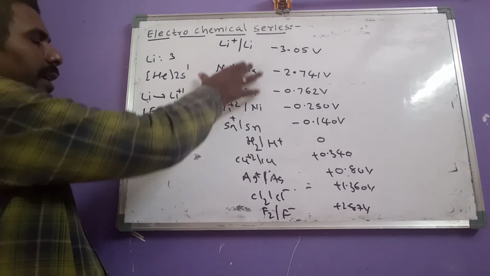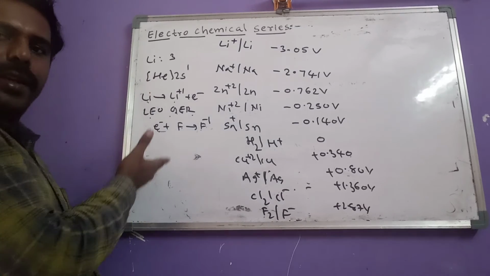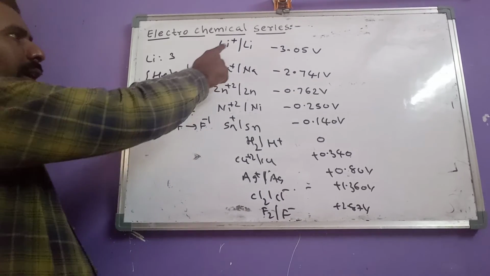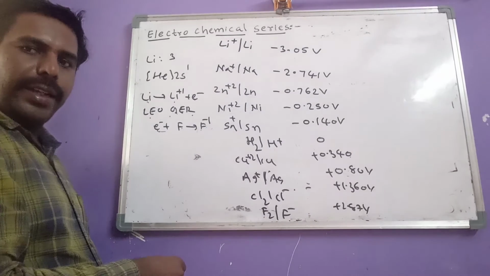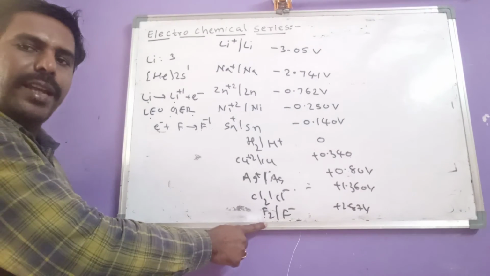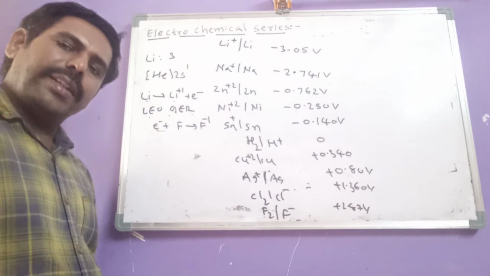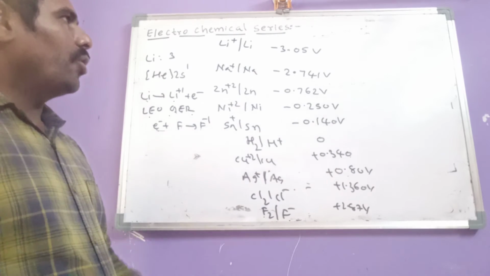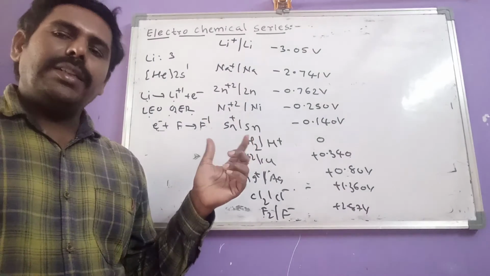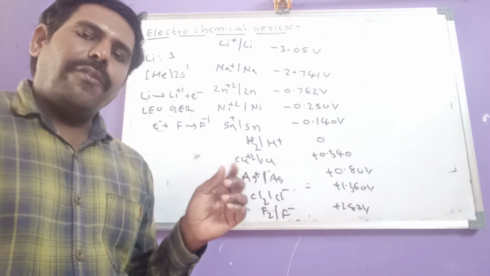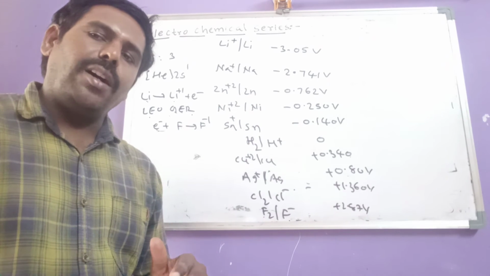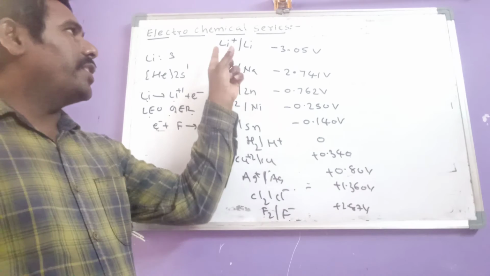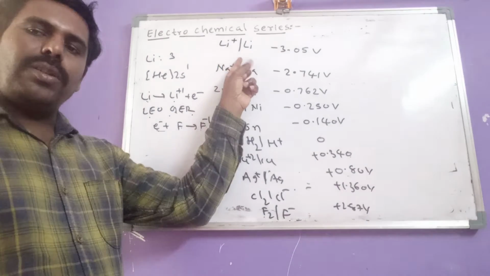As just indicated, according to this description, lithium acts as strong reducing agent and fluorine acts as strong oxidizing agent. So the electrode or the metal which reduces all the metal ions is that lithium electrode.